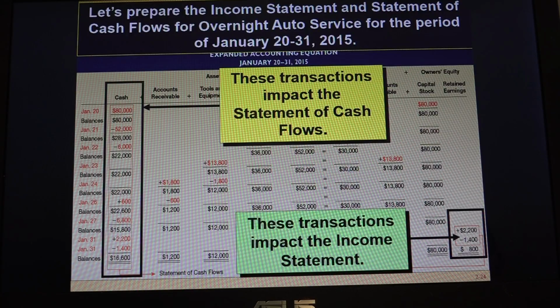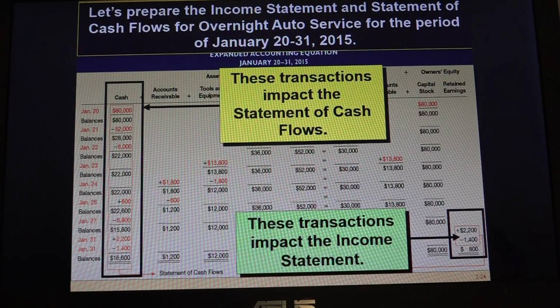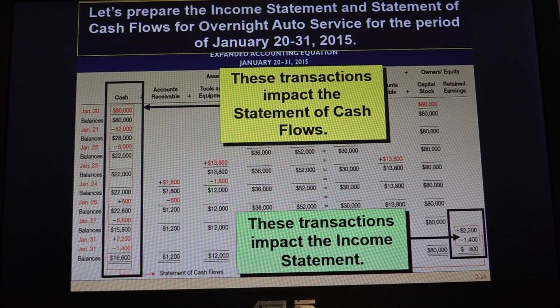And so you just got your inflows and your outflows, pretty simple. Now, the statement of cash flows, as you will see, is made more complicated by the fact that you have to discern between three categories of cash flows.